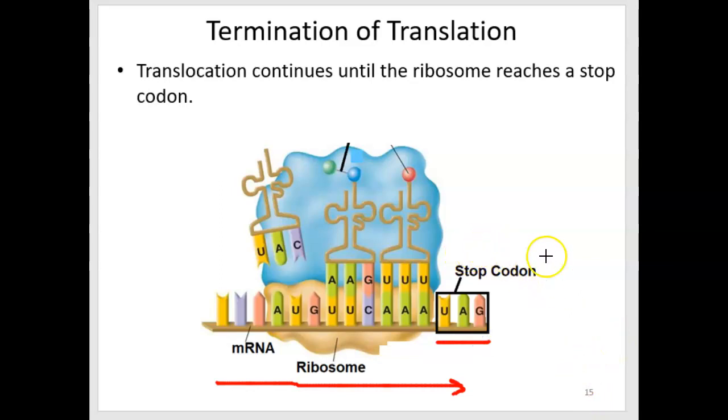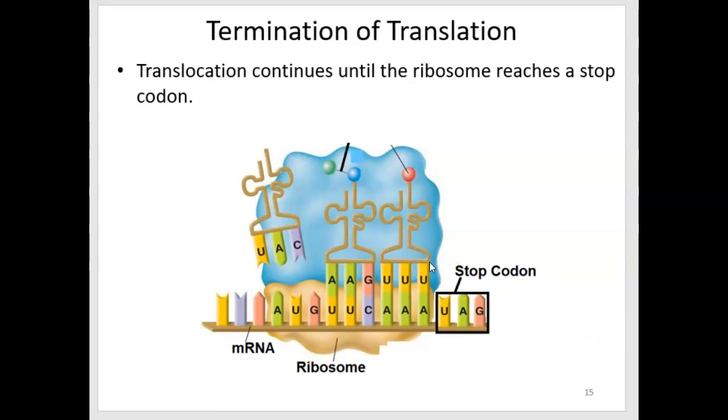And this stop codon does not have a transfer RNA that's complementary to it. So complementary to U would be A, complementary to A would be U, C. So you won't see a transfer RNA with that sequence, and no amino acid will be put there.